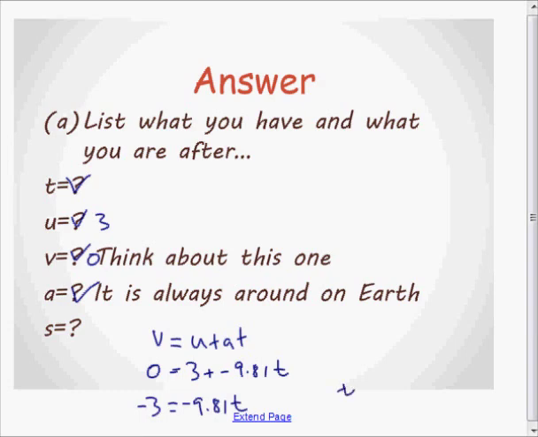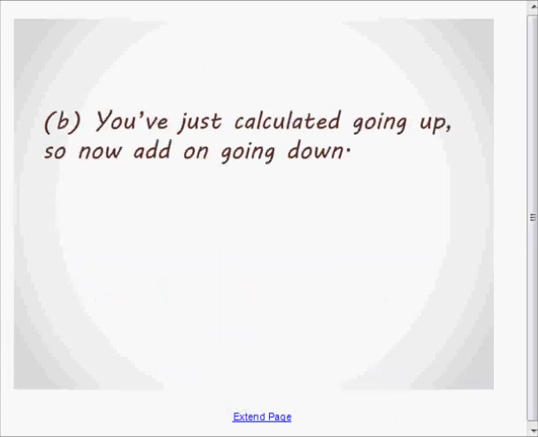And so t is equal to negative 3 divided by negative 9.81, so it's about 0.31 seconds. You notice that those negatives cancel out. You need to be aware that they should cancel out.